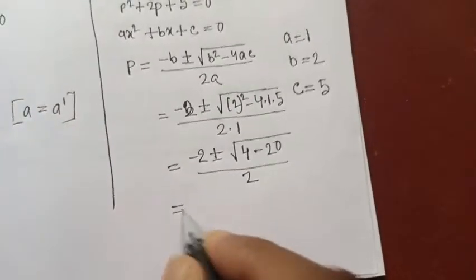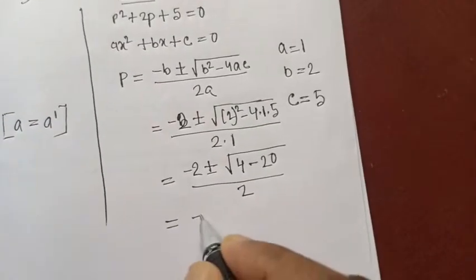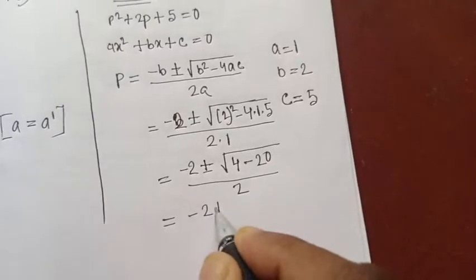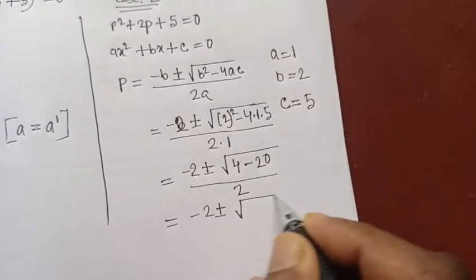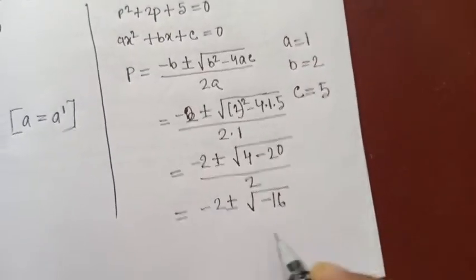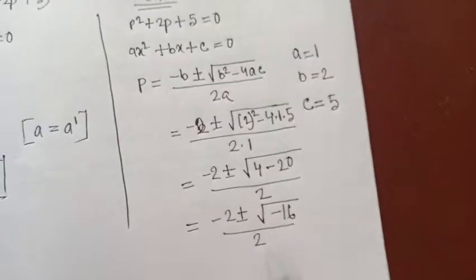So now p equals minus 2 plus minus root over minus 16 by 2.